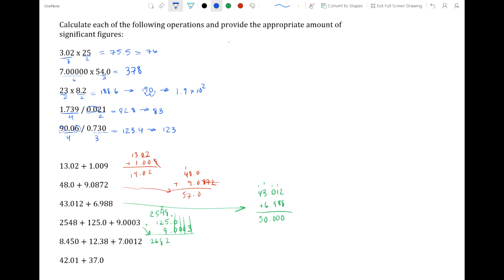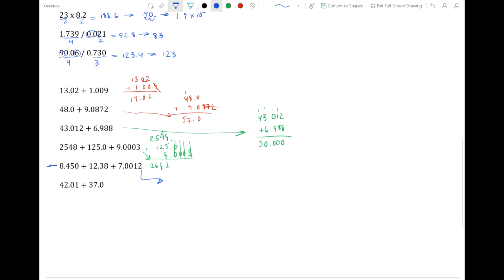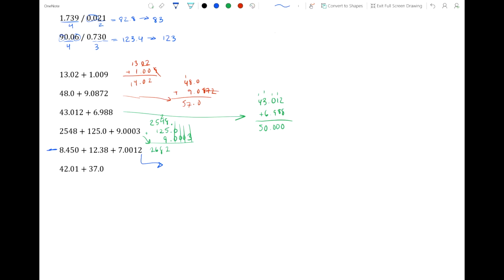Now let me go ahead and do another color for this. So this is going to go over here. Let me go ahead and scroll down a little bit. 8.450 plus 12.38 plus 7.0012.